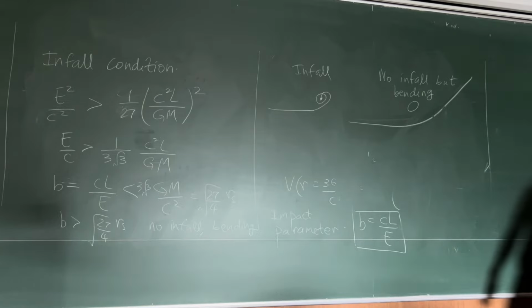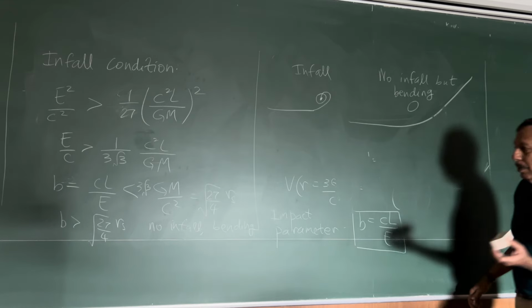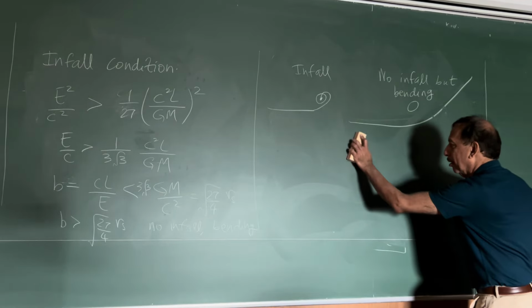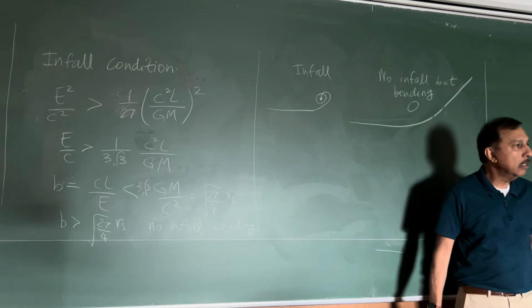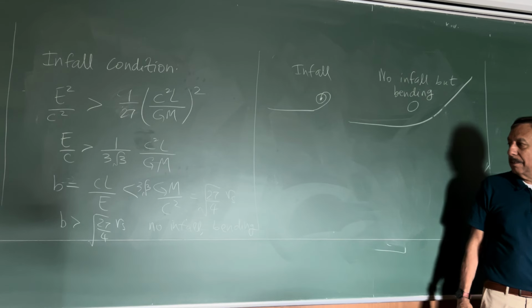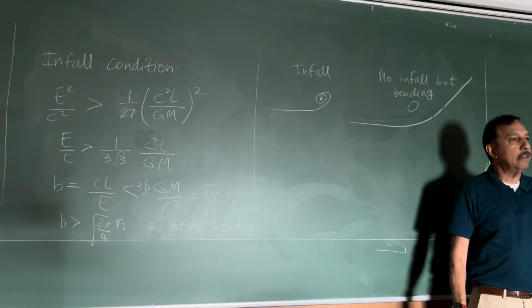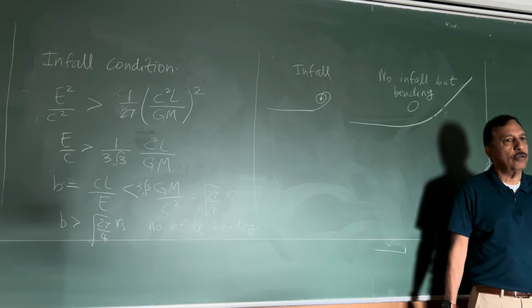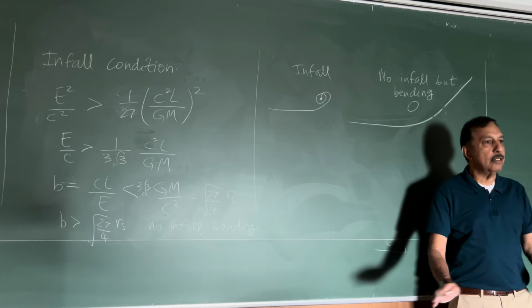Now, what is the physics of that? b greater than some number which is of order around 2 or 3 times the Schwarzschild radius. That essentially means that unless you aim the light directly at the center of the planet or star, it's not going to fall in. It's simply a question of aiming.